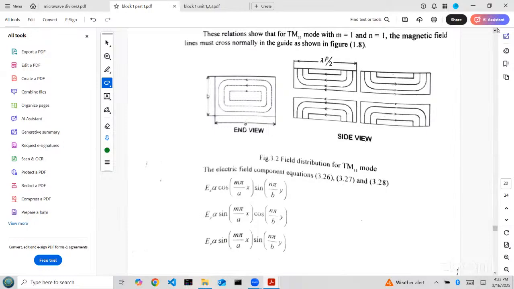Is it matched? Yes. Next, check with EX. In 3.27, EX has one cos term and one sine term. For EY, one sin term and one cos term.